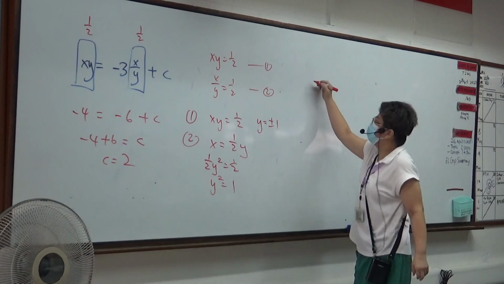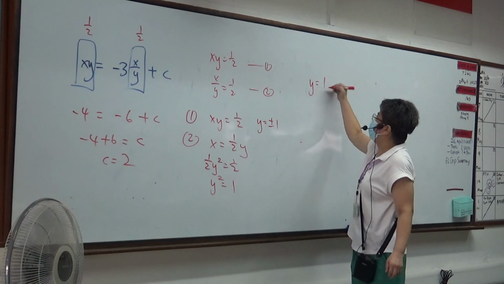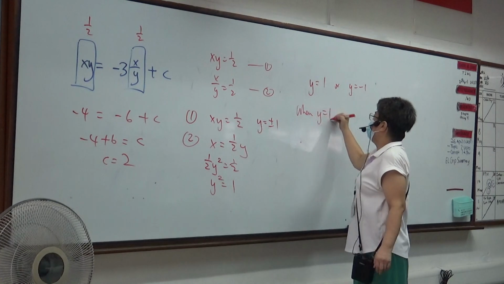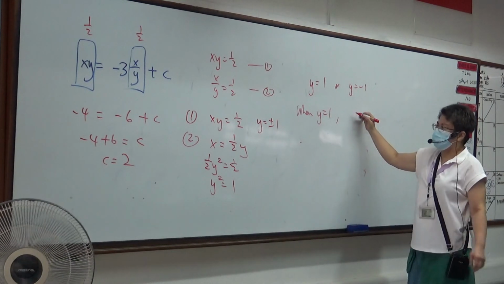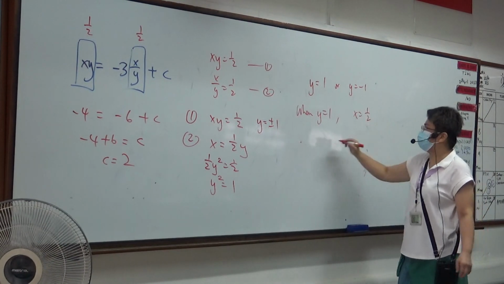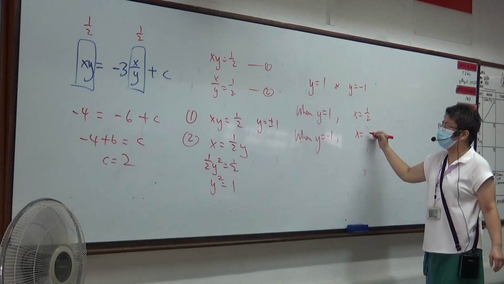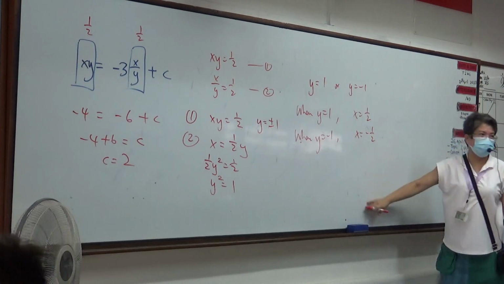Y will be equal to 1 or Y equals negative 1. Now, when Y is 1, X will be half. When Y is negative 1, X will be negative half.